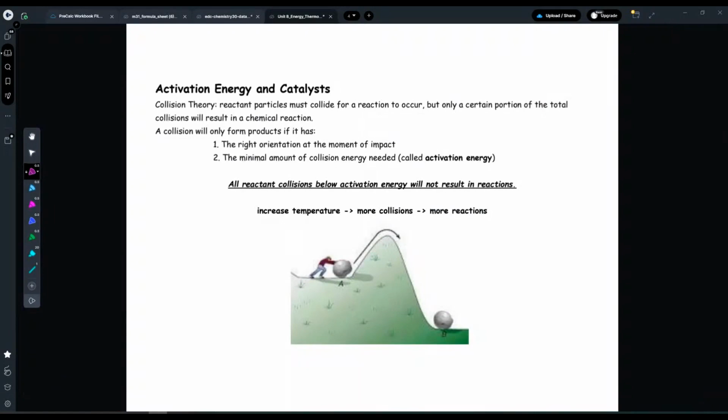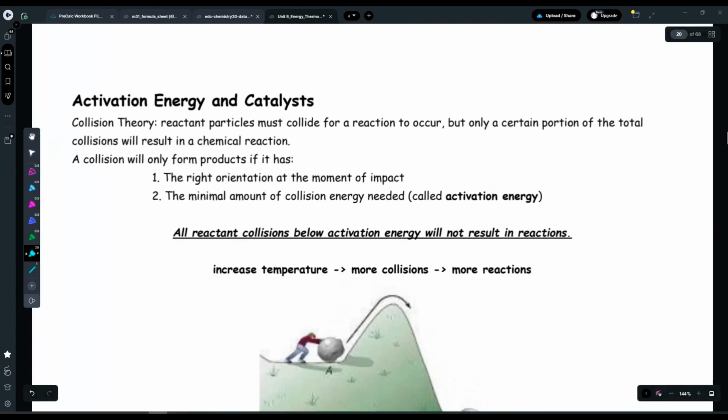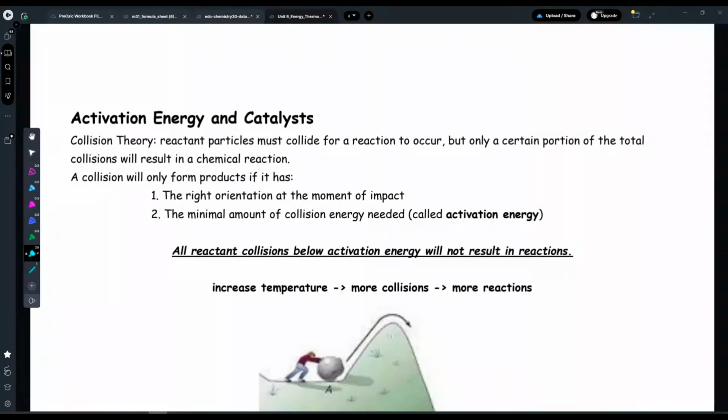All right, so let's move on to activation energy and catalysts. So in order to understand how catalysts work and also how activation energy is involved, first we need to get some background on something called collision theory, which basically explains how reactions happen.